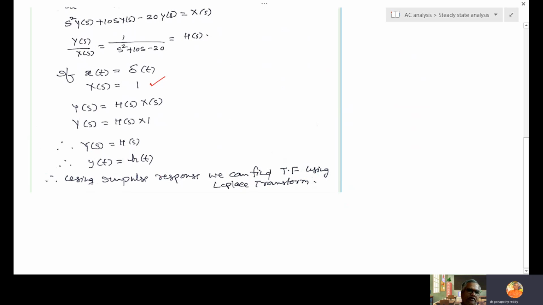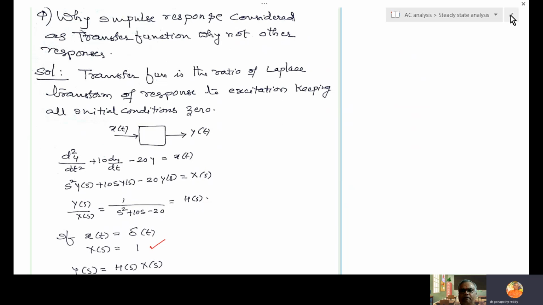That's a simple idea. Here Y of s is equal to H of s, so H of s is the Laplace of h of t. That is right. If you know the impulse response, apply Laplace and you get H of s.